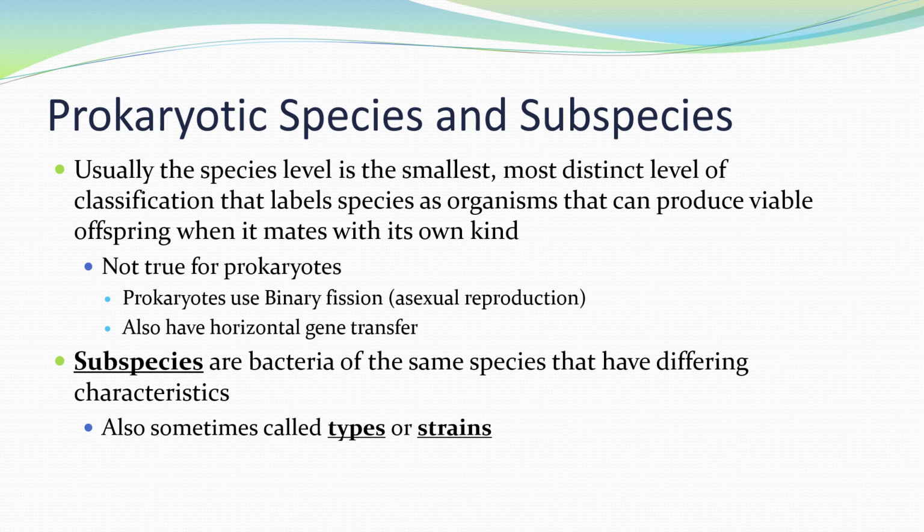We've already talked about this a little bit with E. coli, that we have a particular type of E. coli in our guts, but there is one known strain that can cause massive food poisoning if your food is contaminated. So that is a strain of E. coli, just as an example.